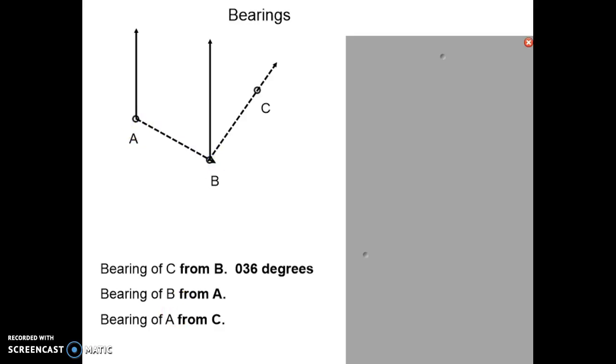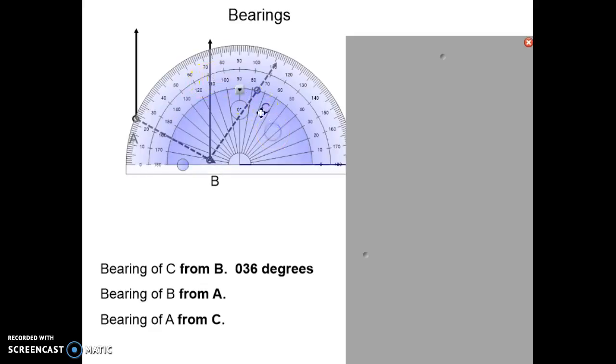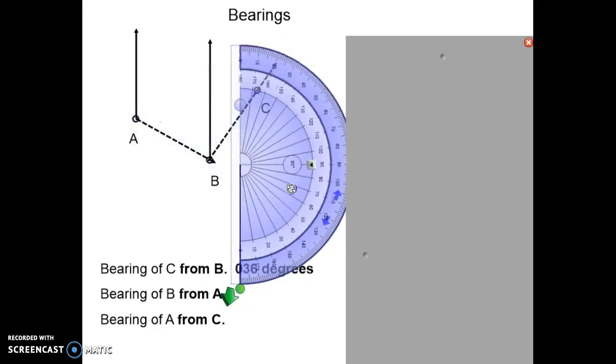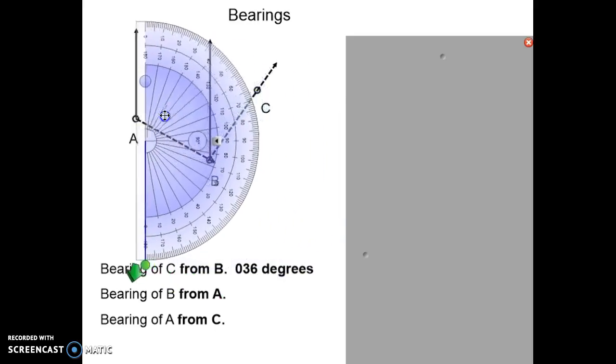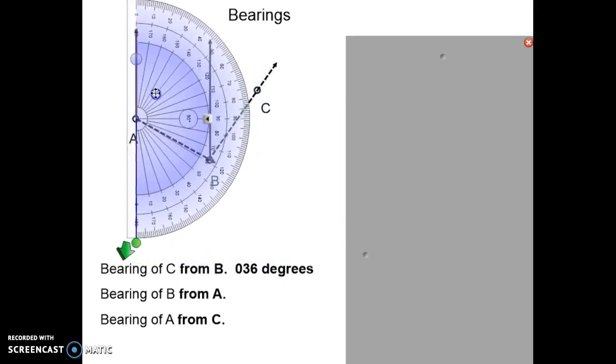And finally, take my protractor and measure clockwise from north until I reach the AB line. So looking at that, looks like 118 degrees. So that's what I'm going to write in as my answer.